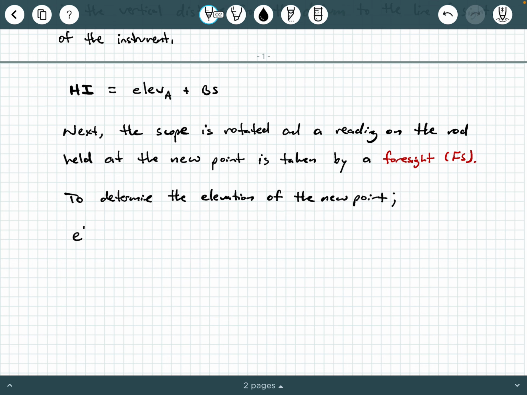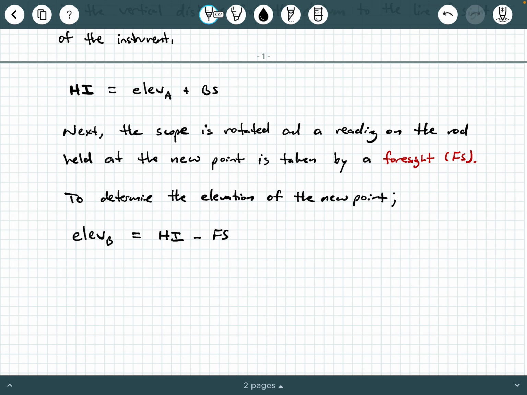We say ELEV, and I'm going to call that sub B, referring to the new point, equals the height of the instrument. Now, when we say the height of the instrument, we're saying HI. That's this same HI right here. And then we say minus the foresight.